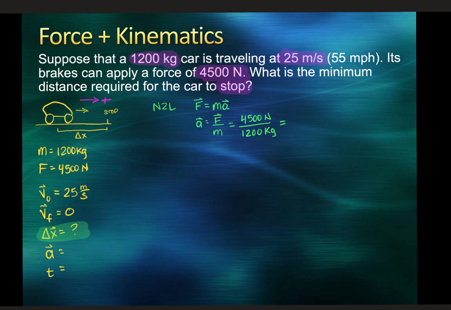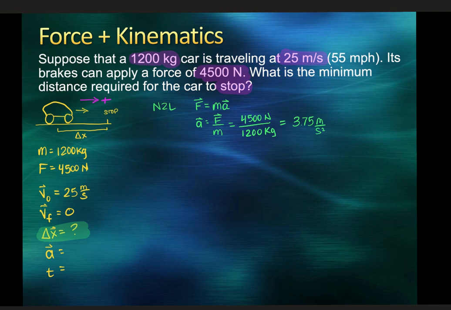Not loving it. 3.75. So 3.75 meters per second squared. Now, the one thing that we have to decide here is what is the sign of the acceleration?